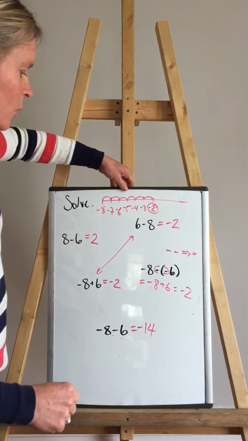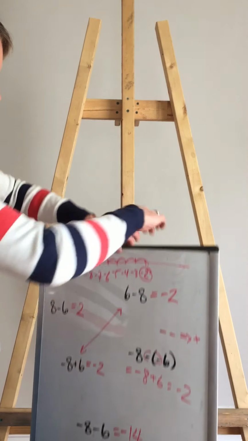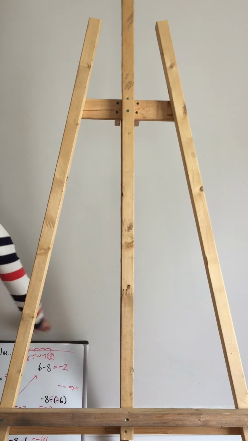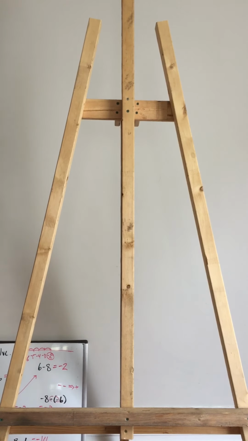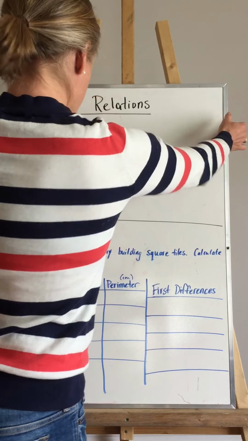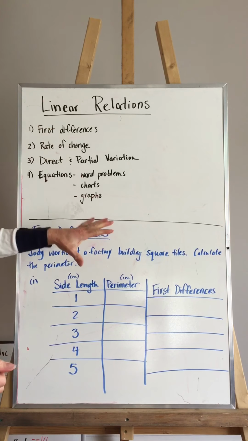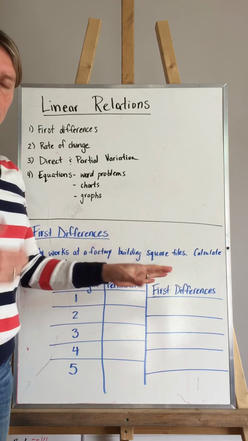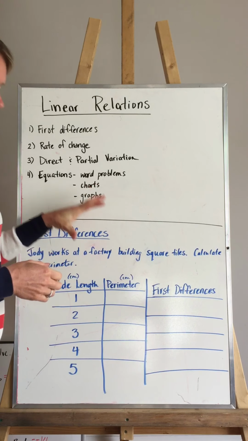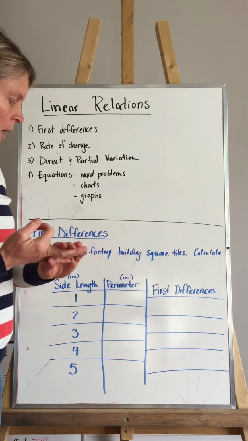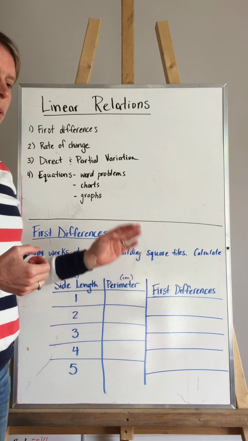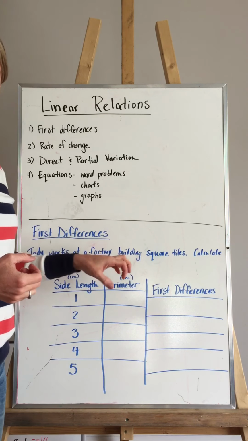Okay, so like I said, we're starting with the linear relations unit. We'll just start here. So this is a little bit different in terms of making videos. Basically, this is a sheet that I go through with you in the classroom, and we kind of work on together. So at least for the first example, there's 3. You will open it up as a PDF file at home. If you have it in front of you while I'm doing this, that would be the best.